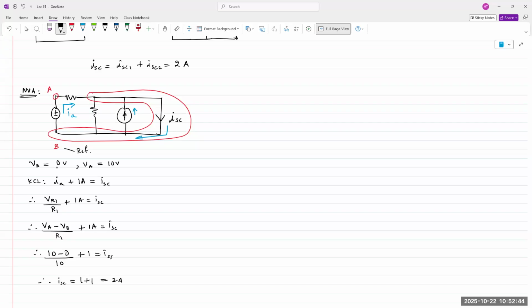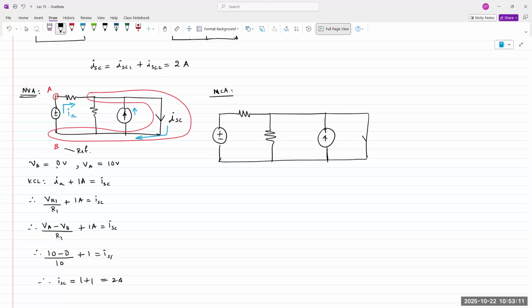And because it's in a shared branch, if I solve this using MCA, ISC, so now I'm keeping that resistor in there, but again, we may as well not have it.